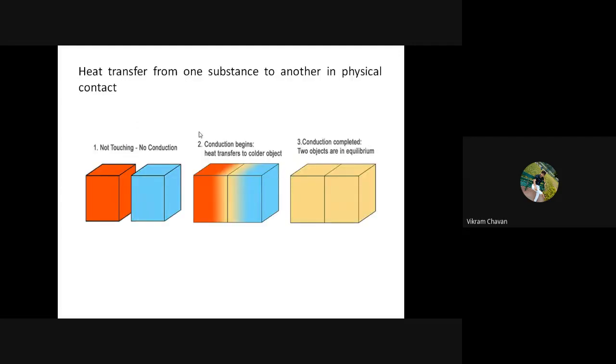Also, you can draw the heat transfer from one substance to another substance in physical contact. Draw a 1D diagram also. You can show body A and body B, and these two bodies are in physical contact, and they will achieve equilibrium after some time.